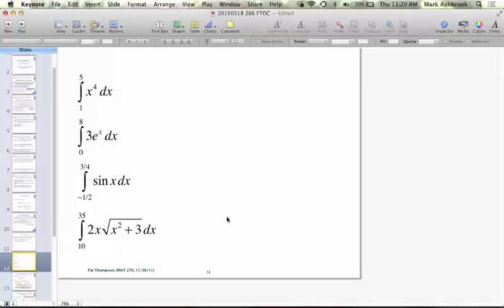Okay, so you had problems like this, and you were solving these and getting a number, getting an answer. But now we want to take time to interpret what we're looking at. So when we look at that first expression, the integral from 1 to 5 of x to the 4th dx, I want you to take a second with your partner.